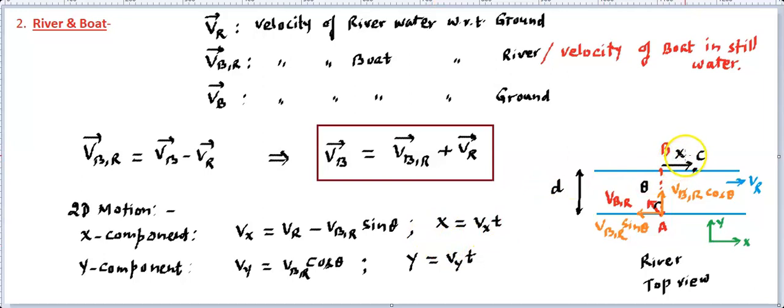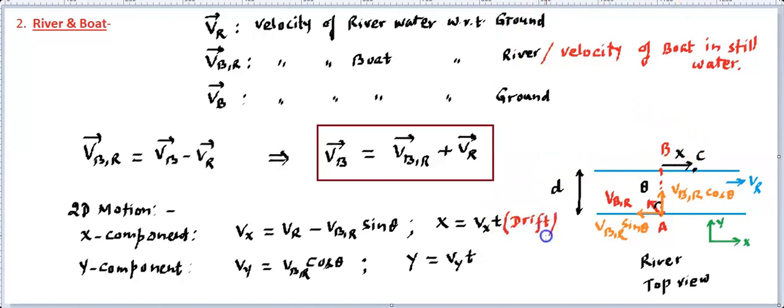How can we calculate this x? We need to simply put in the t which we have got. Now this t is the time taken to cross the river, because generally we will not be interested in points inside the river. Rather, we will be interested in the point where the boat reaches the other side. Okay, so this x is called drift.